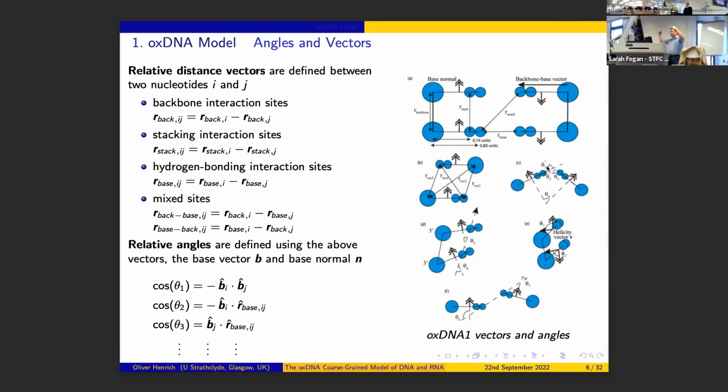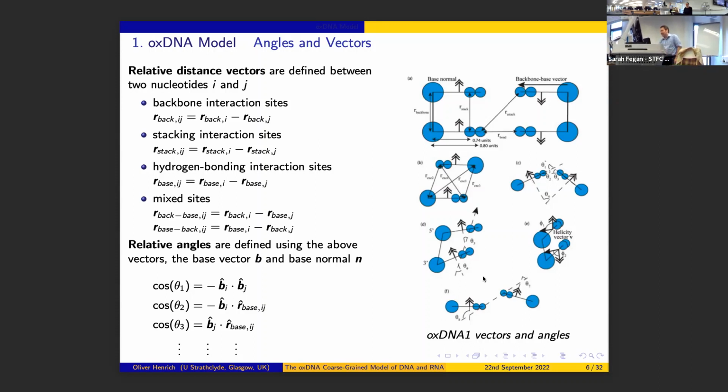And for example, θ2 is here. That involves a relative distance vector between the base interaction sites and a base vector of one nucleotide. This is how you use these relative distance vectors to get angular information of how things are oriented with respect to each other.